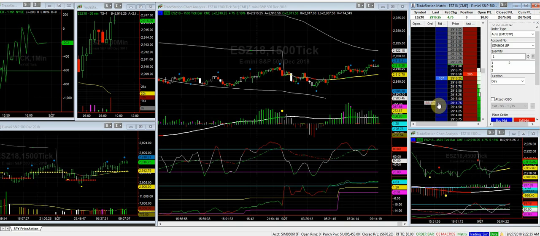So we place it here. It would get hit. Now, when you're using it in the simulation mode that we are, as soon as it hits your order entry, it fills it. So it's like one tick away from the real-time trading. So you want to bear that in mind.